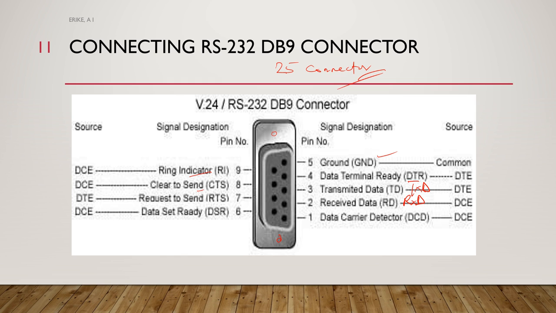So if we don't mind about flow control, then nothing spoils. What we do is simply use these 3 important cables. The receiving pin of the data communication equipment should be connected to the transmitting pin of the data transmission equipment, and vice versa for proper data transmission.